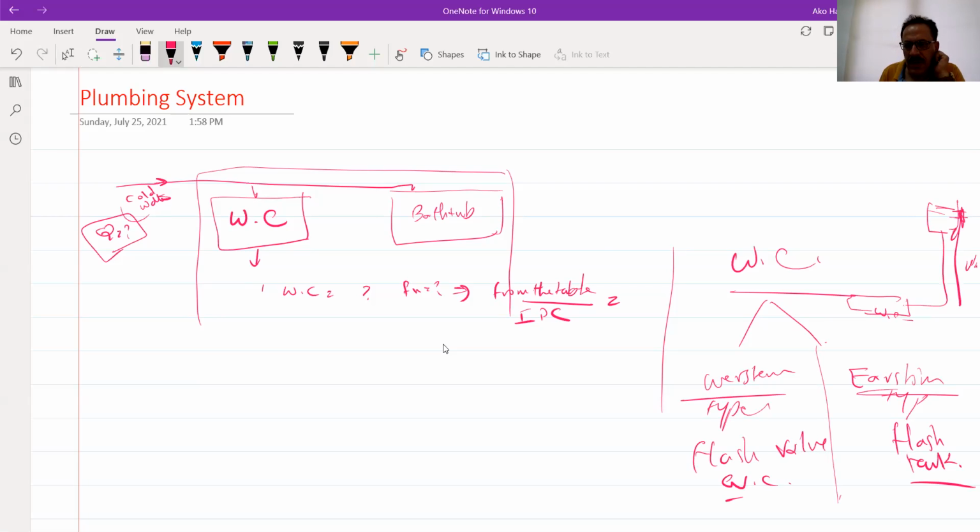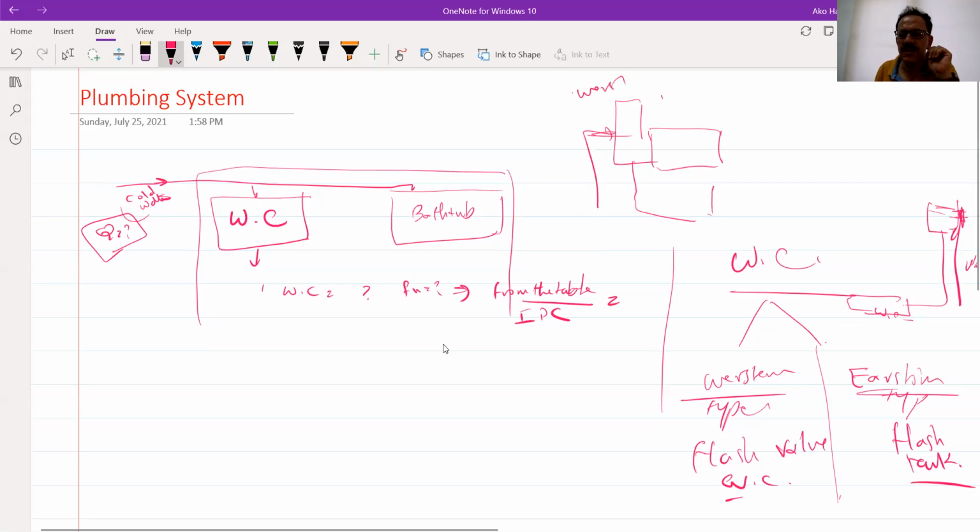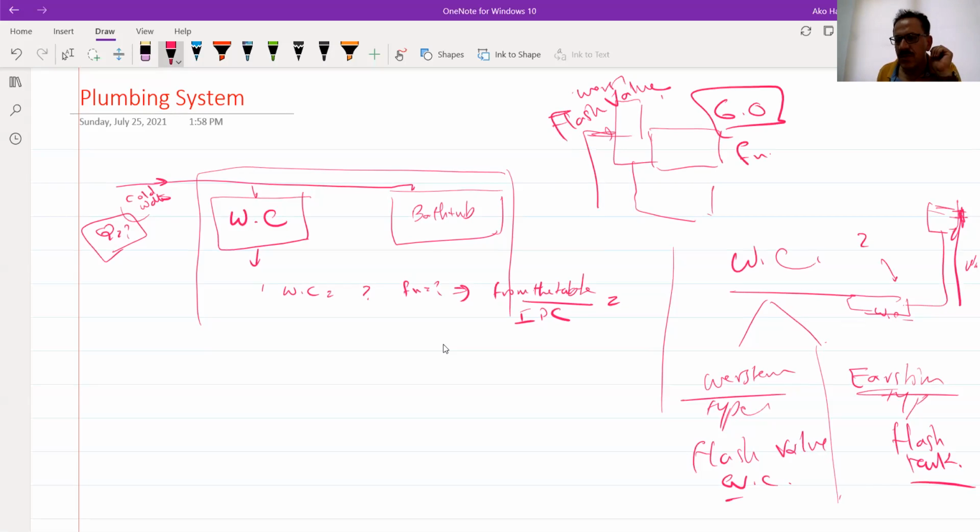This is the old one, usually. But nowadays the WC is together, directly linked, with a flush tank. It's called the Western one, and it's flush valve. So here's the difference. This will consume 6 fixture units, and this will consume 2.2 fixture units. So if this is a Western one and it's a flush valve, you need to know it is equal to 6 fixture units.